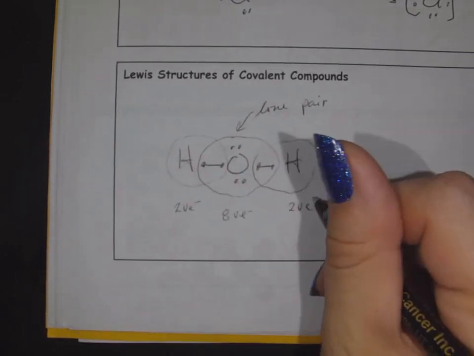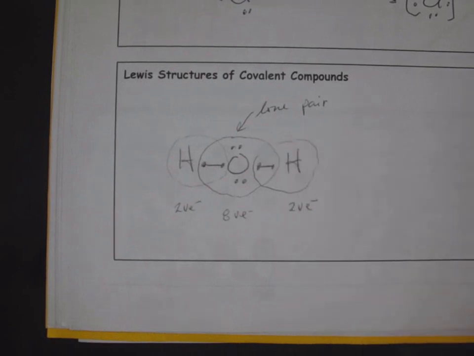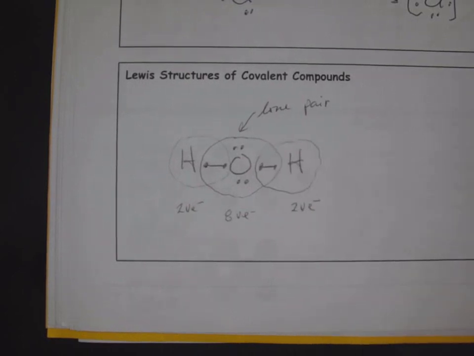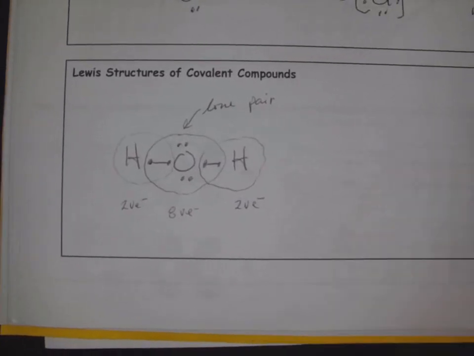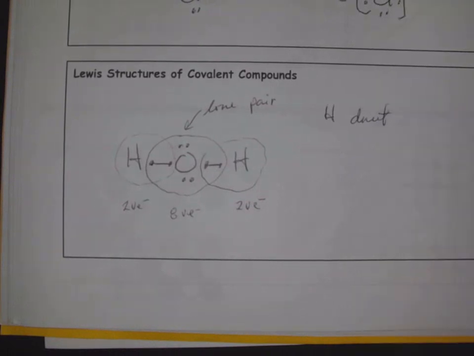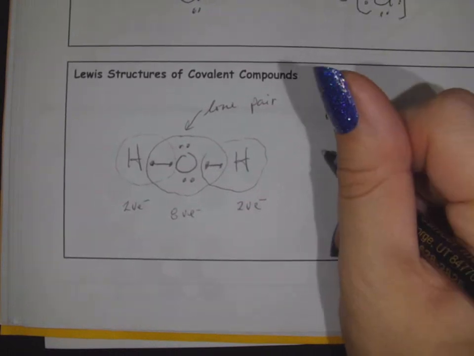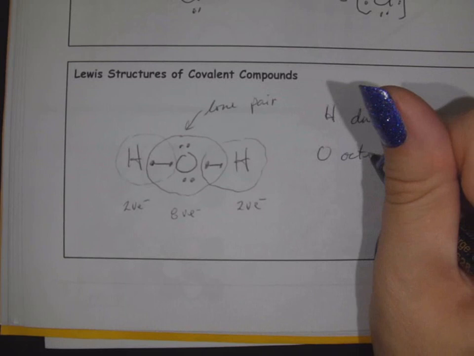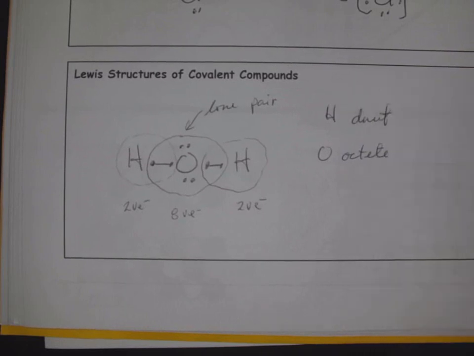This is a really structurally sound and low energy stable molecule because we have that duet for hydrogen, it has 2 valence electrons, and we have the octet for the oxygen in the middle. And so then it also stabilizes.